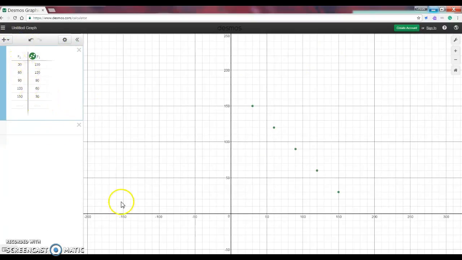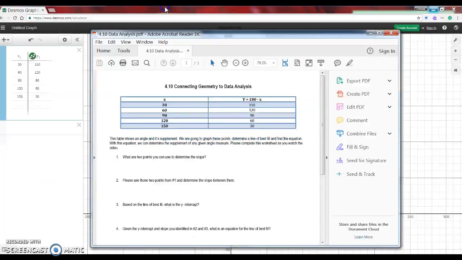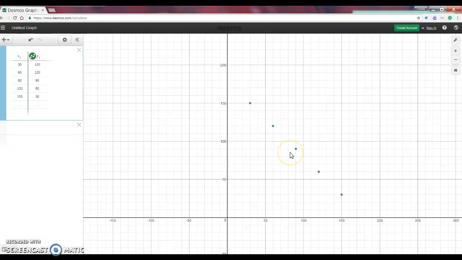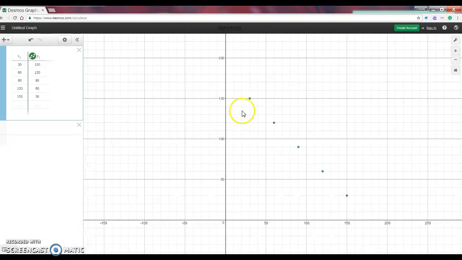So 30, 60, 90, 120, 150, and then 150, 120, 90, 60, and 30. If you're doing this at home, you may have to scroll in or out to see the appropriate points, but we should have 1, 2, 3, 4, 5 points visible, which is what we do have here.